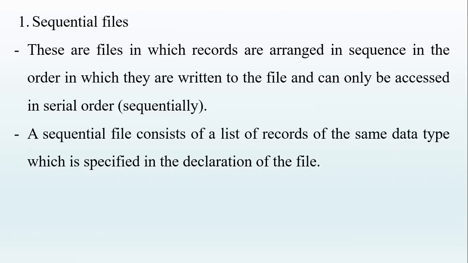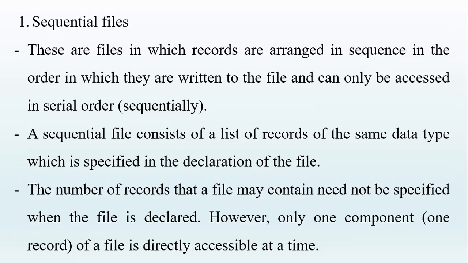A sequential file consists of a list of records of the same data type, which is specified in the declaration of the file. The number of records that a file may contain need not be specified when the file is declared. However, only one component or one record of a file is directly accessible at a time.